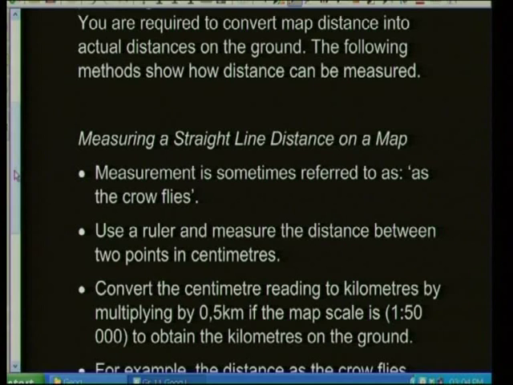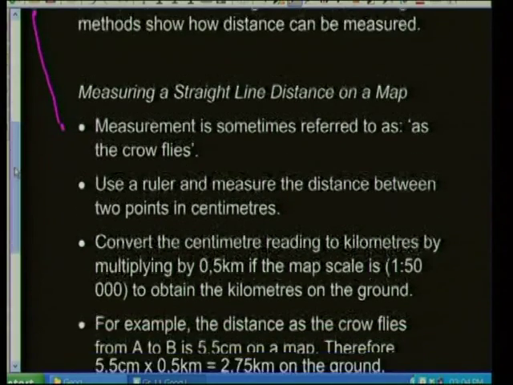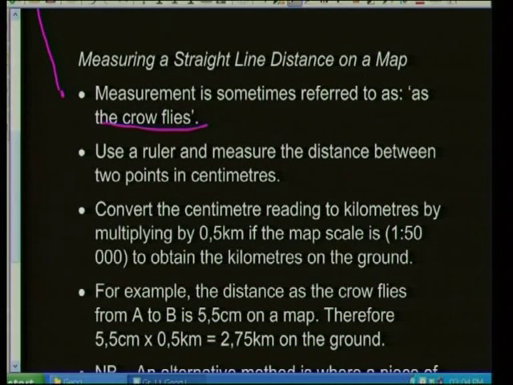So, we take our ruler, if we're given 2 points, and we measure the distance between the 2 points. And of course, then we apply it to the scale. Now let me show you that. As we said, as the crow flies, we use a ruler to measure the distance between the 2 points in centimeters.